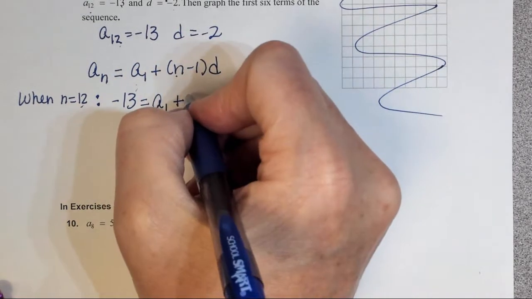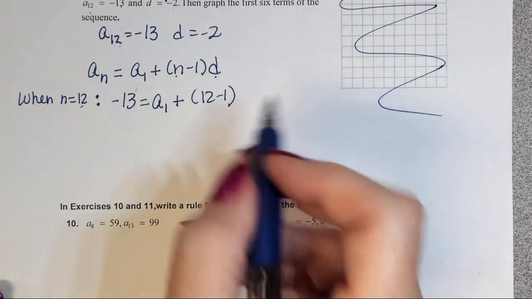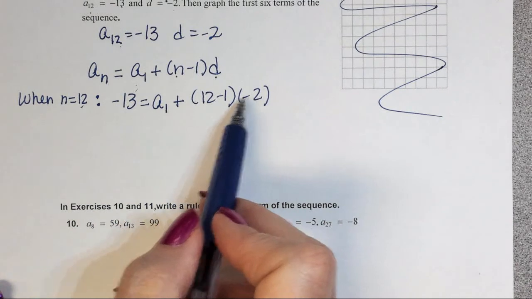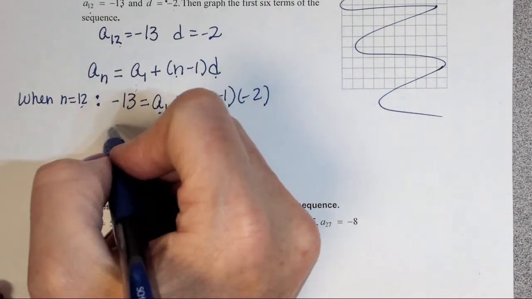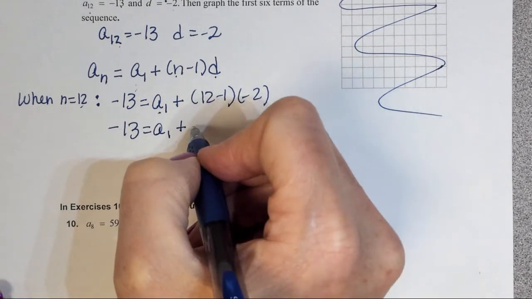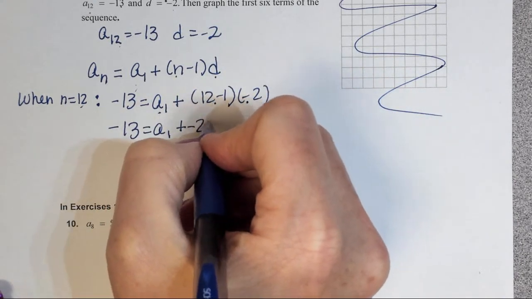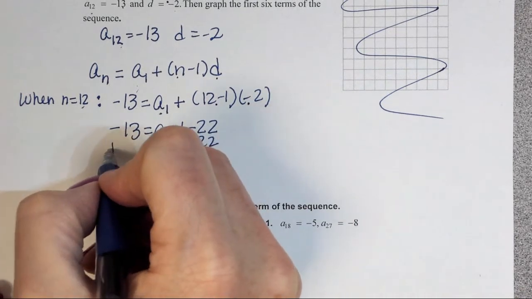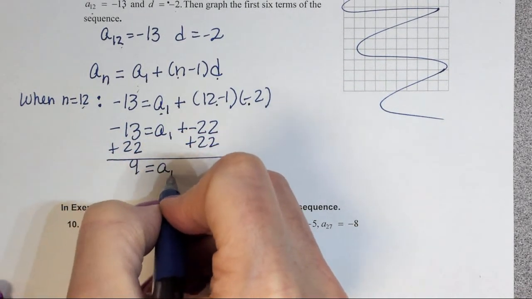It's 12, isn't it? So 12 minus 1, and do we know d? Yep, negative 2. So now, can you see how I'm going to be able to solve for a sub 1? So negative 13 equals a sub 1 plus 11 times negative 2, which is negative 22. So now I'm going to have to add 22. So I'm going to get 9 for a sub 1.